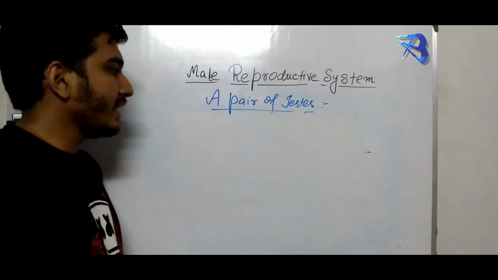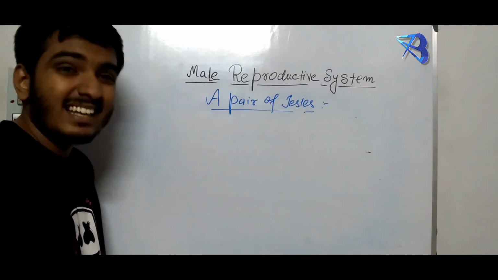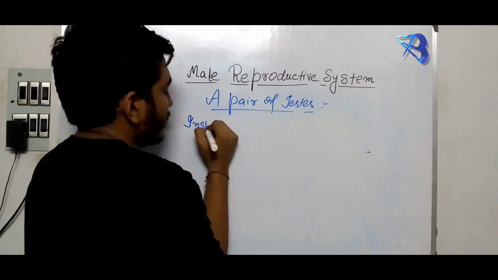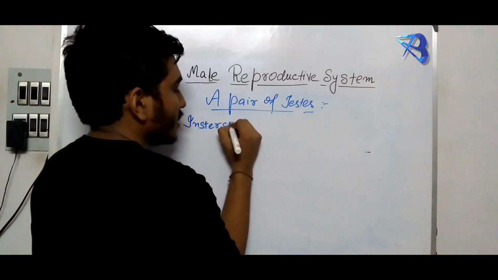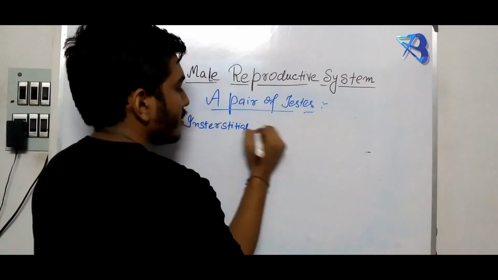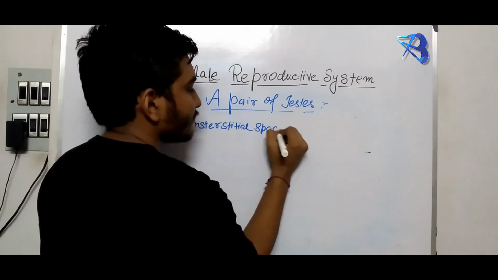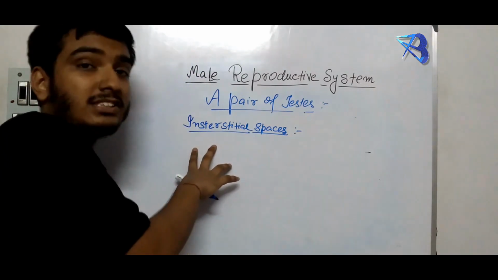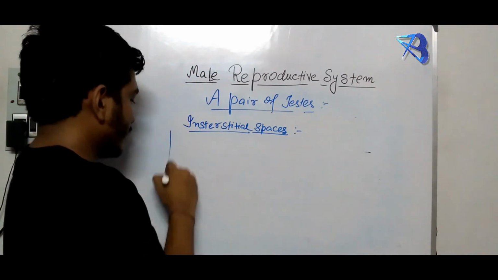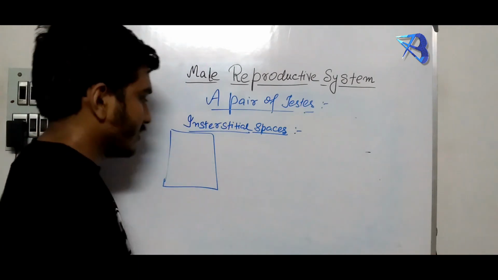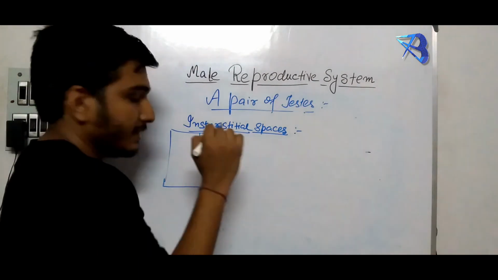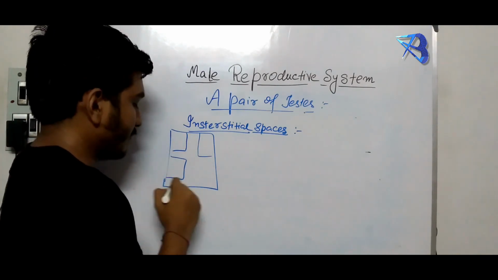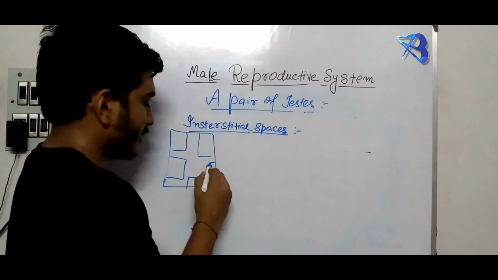Before starting interstitial cells, we need to know what are interstitial spaces. Suppose here is your room. Here's your bed, study table, almirah kept, computer table kept, and here is your door.